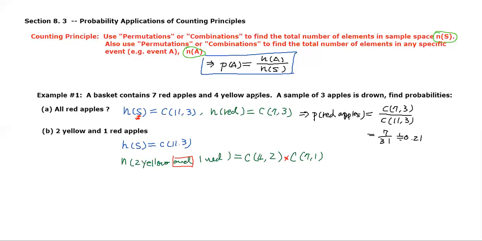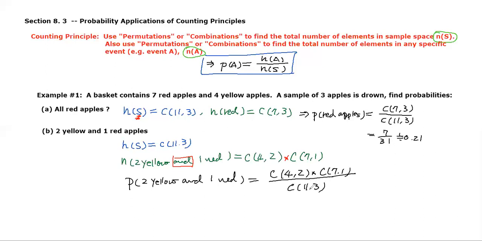So now here, the probability of 2 yellow and 1 red will just be C(4,2) times C(7,1), and the total is C(11,3), right?